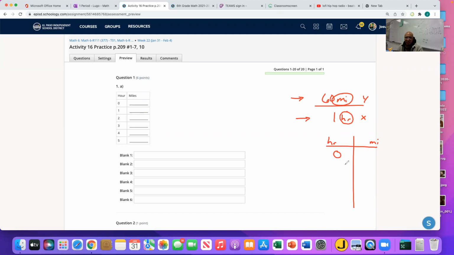All right, so in 0 hours, he will obviously travel 0 miles. But in 1 hour, it's given to us here. 1 hour, it's going to be 60 miles. So in 2 hours, we just multiply this by 2, or we add another 60, will be 120. And then in 3 hours, so we go on, so on and so forth, right? So here, times 0, 0.